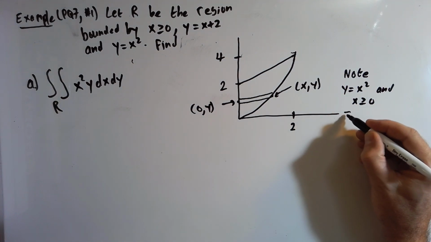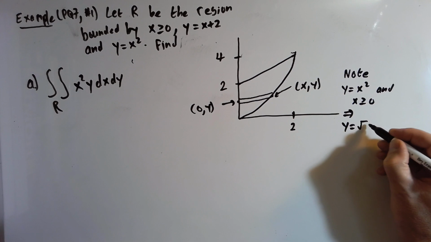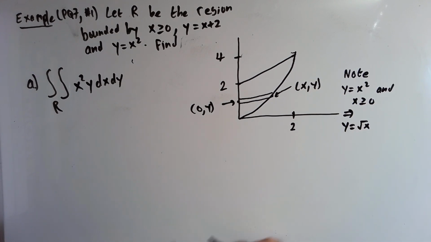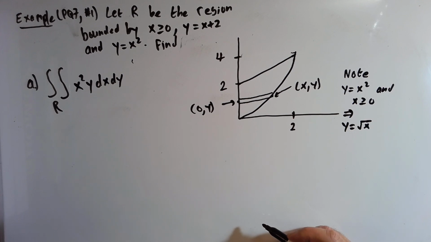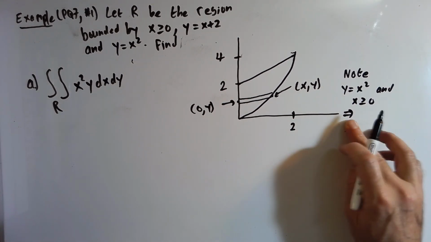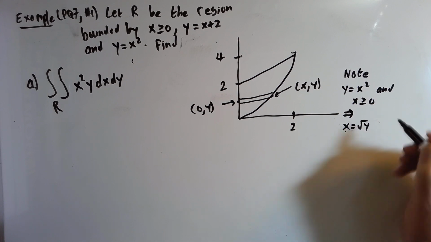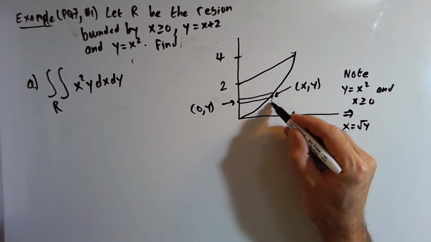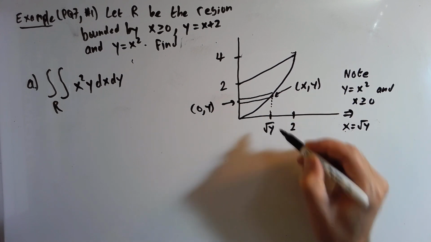So then taking square root on both sides, we'll have x equals square root of y. Sorry, I messed up there. So in particular, if I drop down here, that would be square root of y. That's my x value.